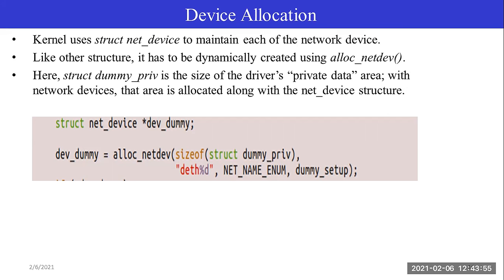The Linux kernel maintains a structure called net_device, or net device. This net device structure is maintained for each of the network interfaces. Again, I am saying this network interface could be physical, or it could be virtual, it doesn't matter.